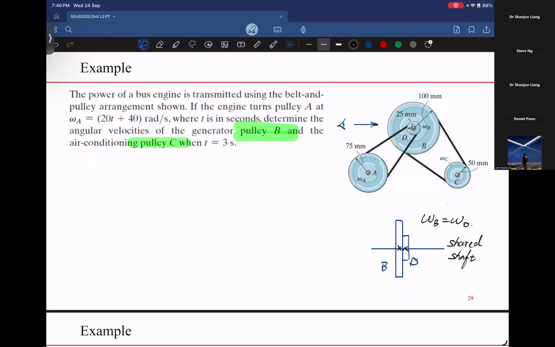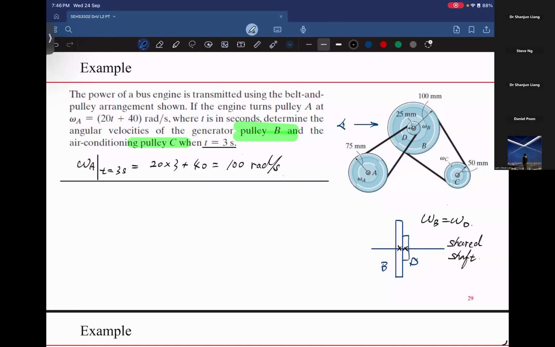Firstly, we find omega A when t is 3 seconds. We just substitute t equals 3 into 20 times 3 plus 40, which is 100 radians per second, right? And now we find omega B.